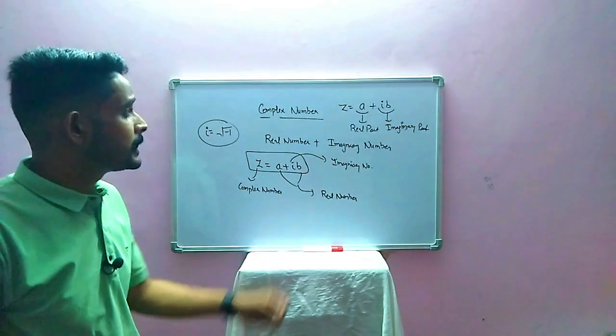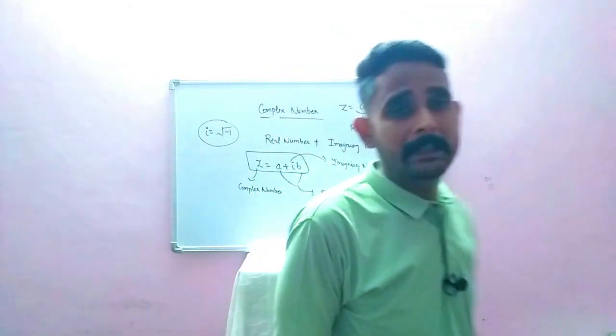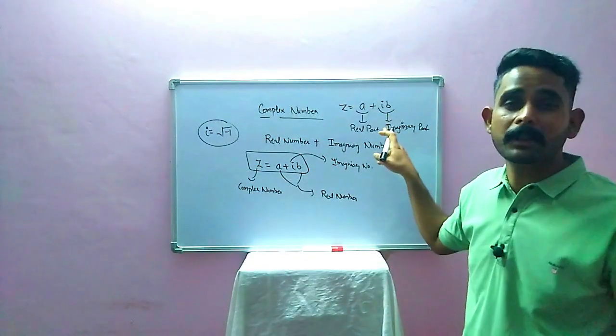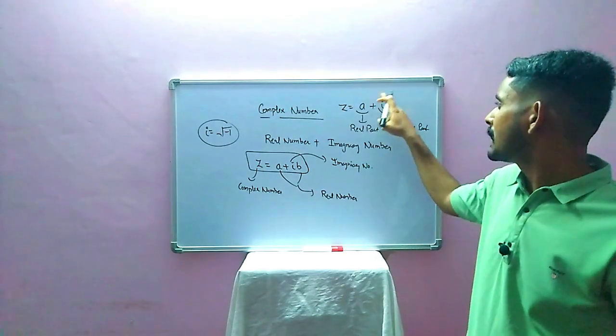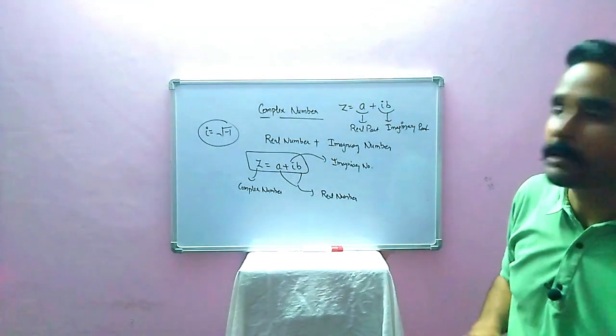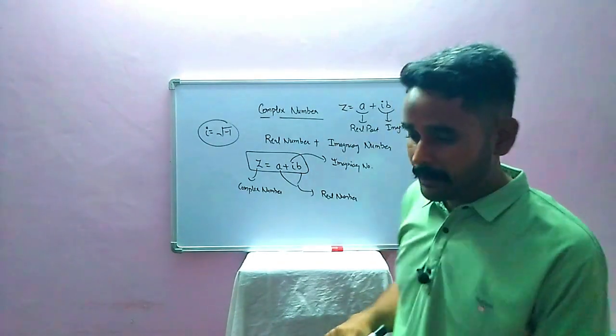It is called the imaginary part because iota is multiplied by a real number b, so iota makes iota b an imaginary part of this complex number.